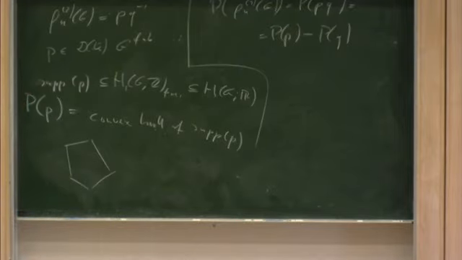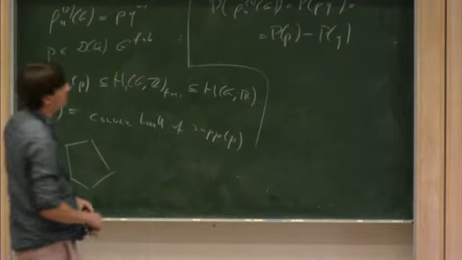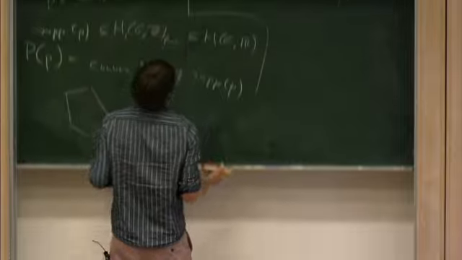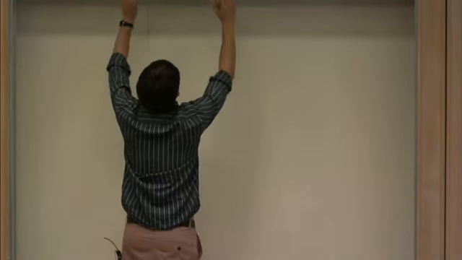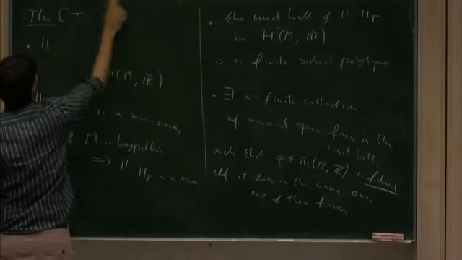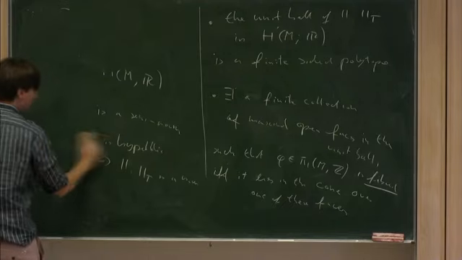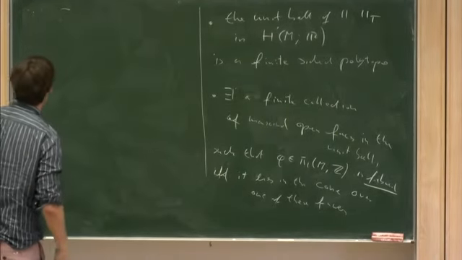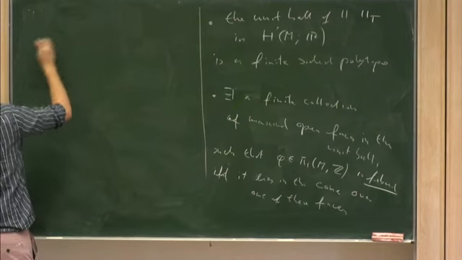This is the norm map. Maybe I will need more space for this. So here's the norm. I start with a polytope.